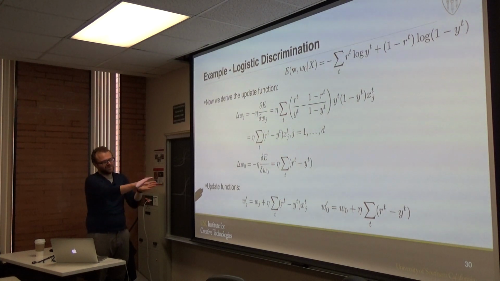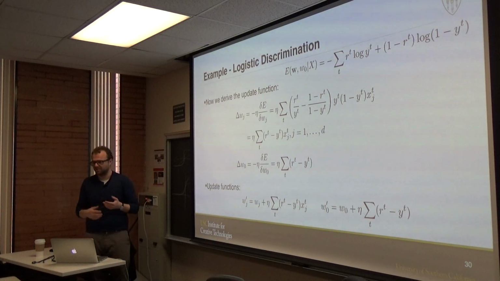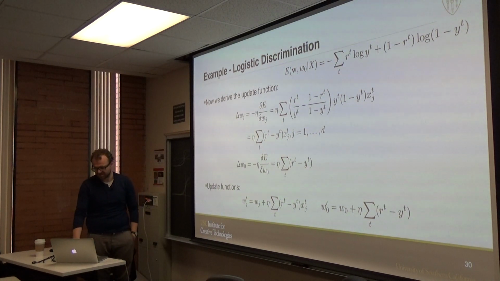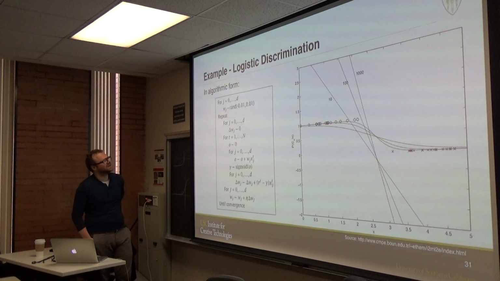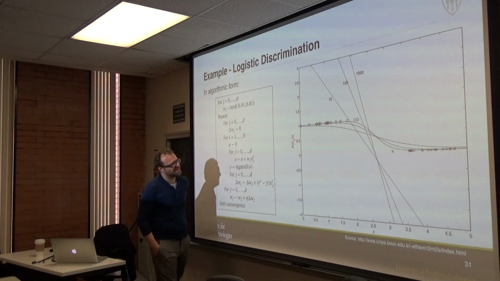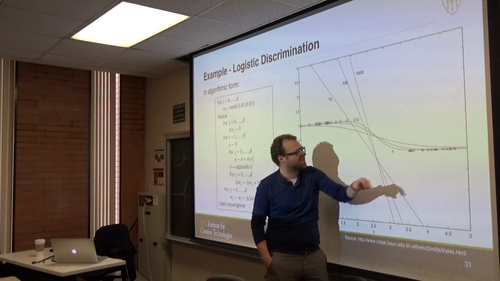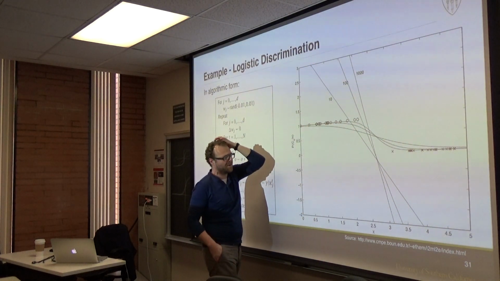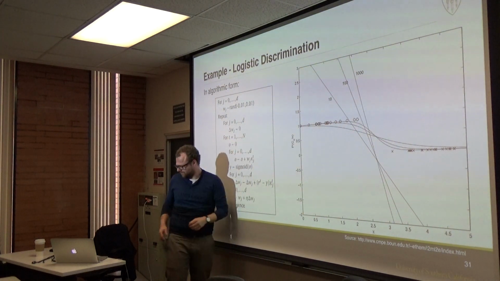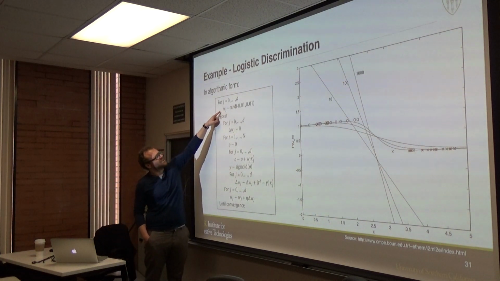So this would actually allow you to formulate an algorithm to do logistic discrimination. And this is actually what happens in here. So you have two classes here, ones and zeros, and you try to fit this curve in a way that, basically, you randomize your weights.